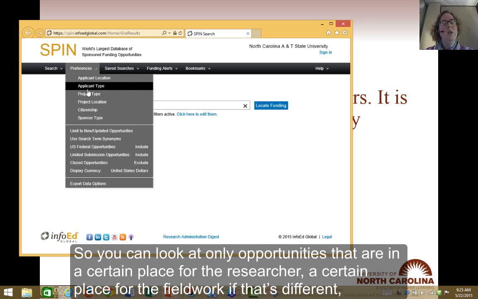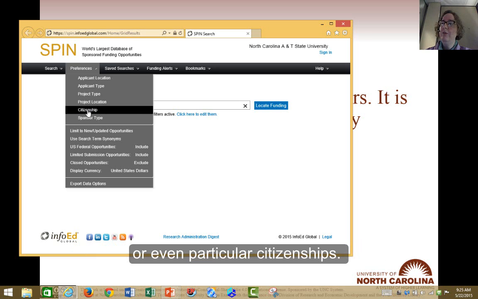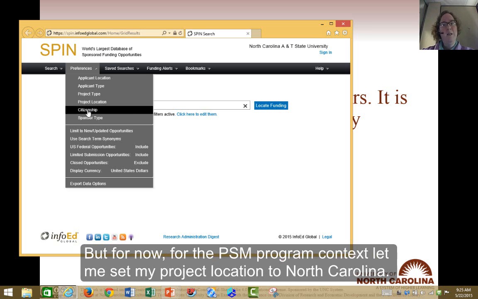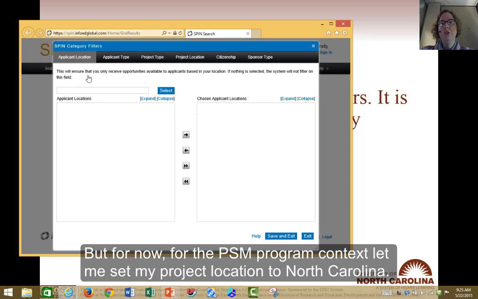So you can look at only opportunities that have a certain place for the researcher, or a certain place for the fieldwork, if that's different, or even particular citizenships. That last is a big deal for international researchers. Hi, international colleagues! But for now, for the PSM program context, let me set my applicant location to North Carolina.